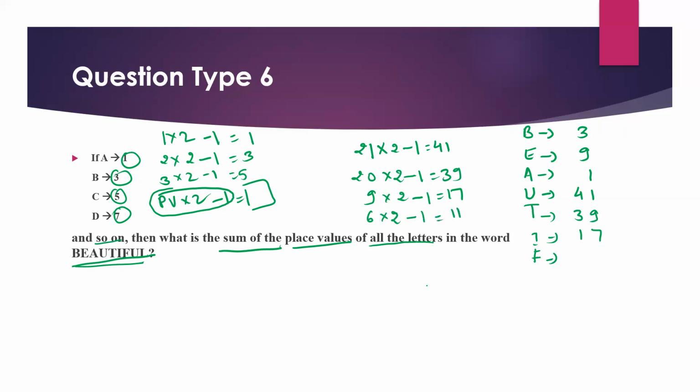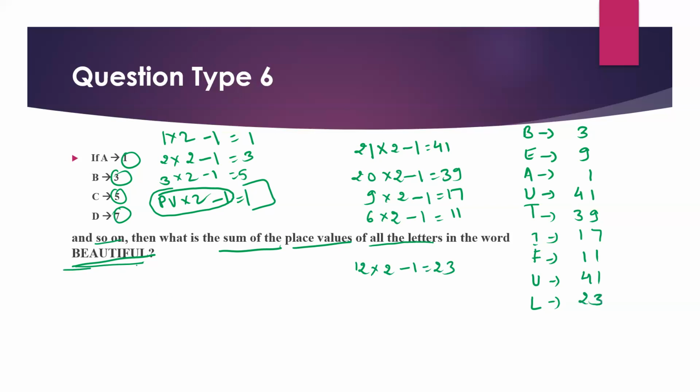So it will change to 11. After F, we have U. For U, we have already changed it to 41. And after U, we have L. So what is the place value of L? 12 into 2, 24. 24 less 1 is what? 23. So it will change to 23.